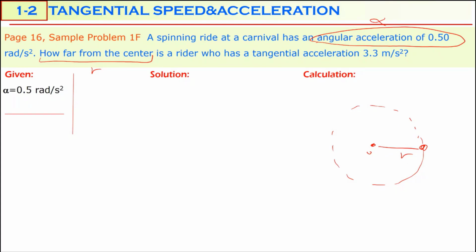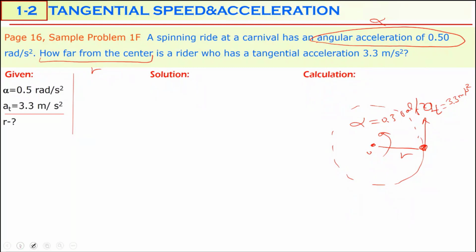How far from the center is a rider whose tangential acceleration is 3.3? So this rider here will have a tangential acceleration equal to 3.3 meter per second squared. Calculate R, but angular acceleration is also given, 0.5 radian per second squared. So all are given.